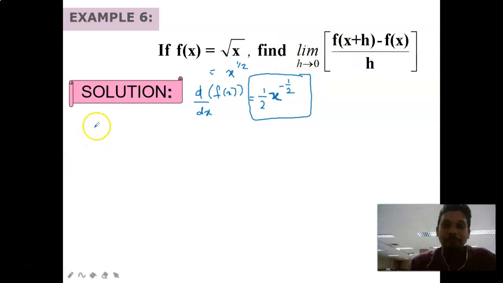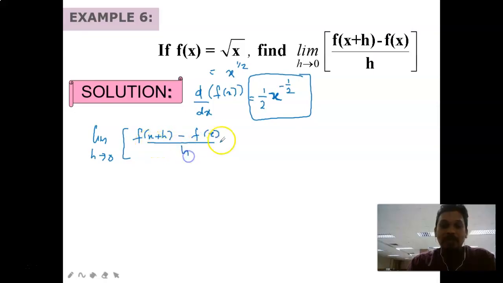Then now, the limit as h approaches 0 of f(x plus h) minus f(x), divided by h.